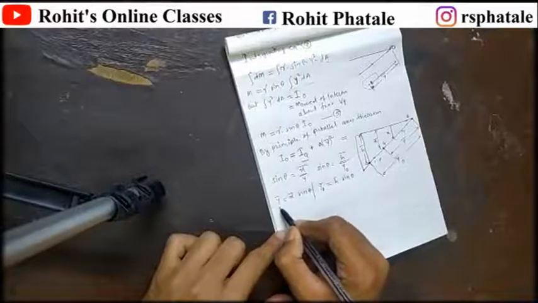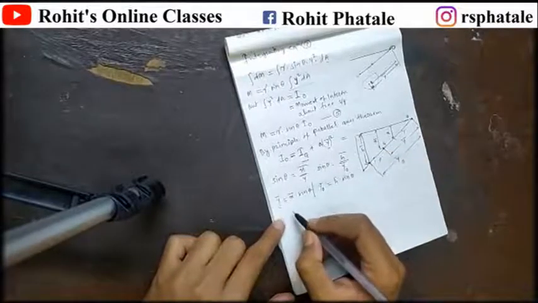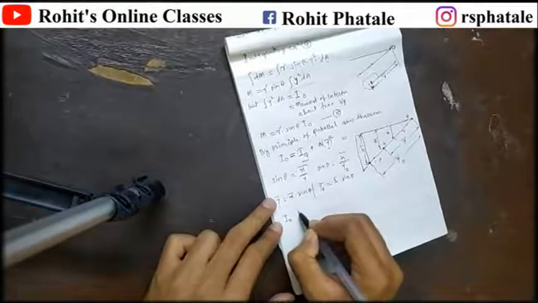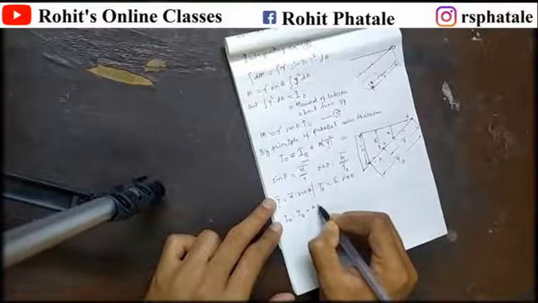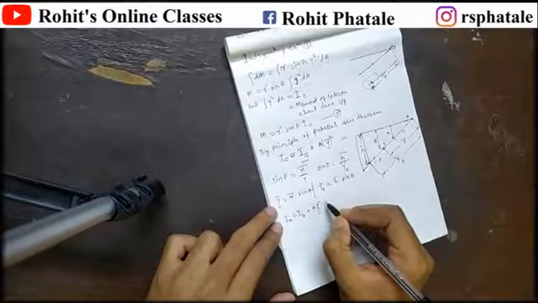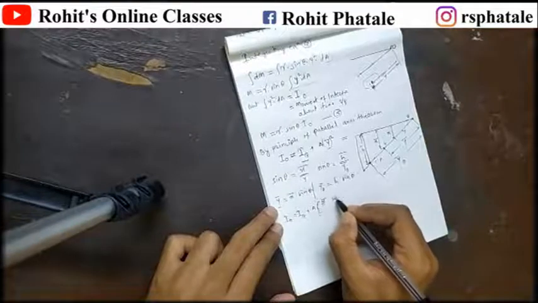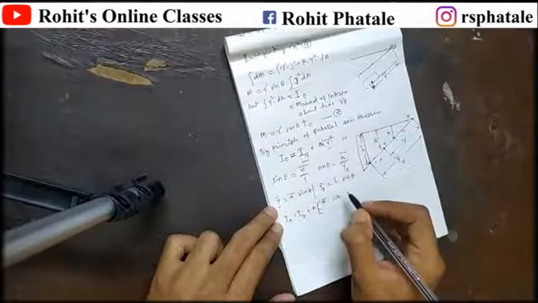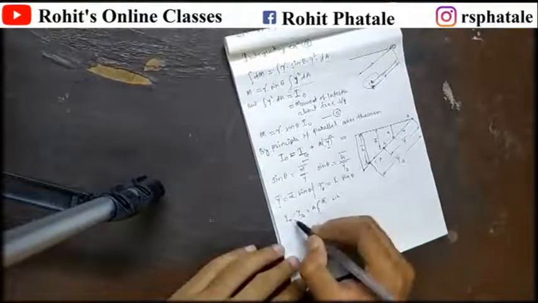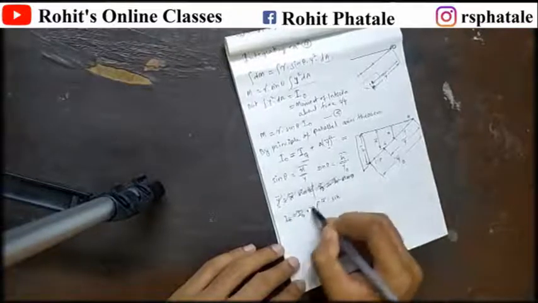Now we will put this value of y bar in this equation. So we will get IO is equal to IG plus A into, now instead of y bar we can write x bar upon sine of theta.